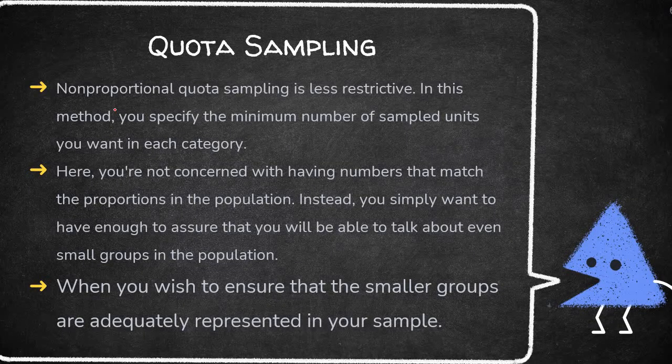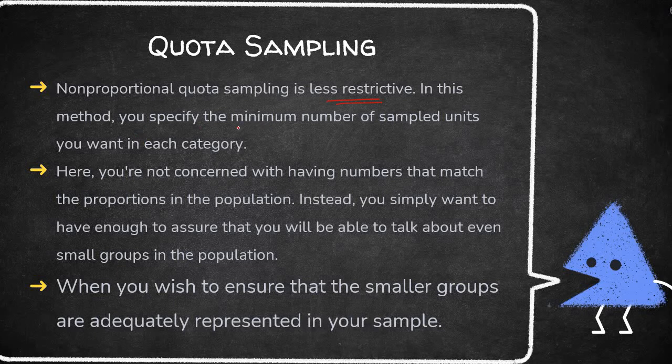Whereas non-proportional quota sampling is less restrictive. In the previous case, we were concerned that the proportional representation should be retained in the sample, whereas here that is not the criterion.